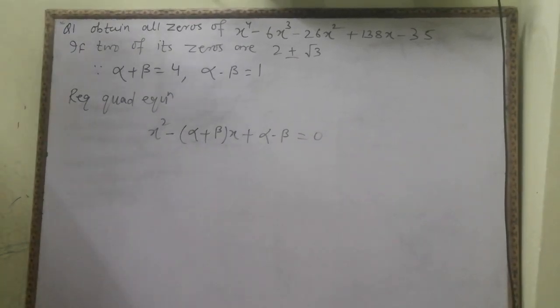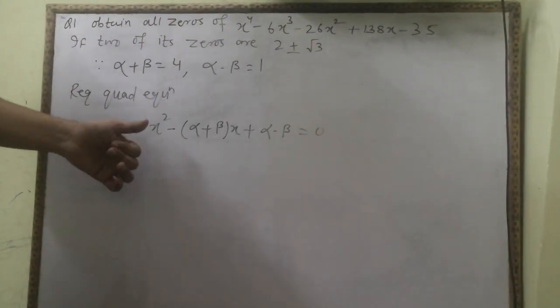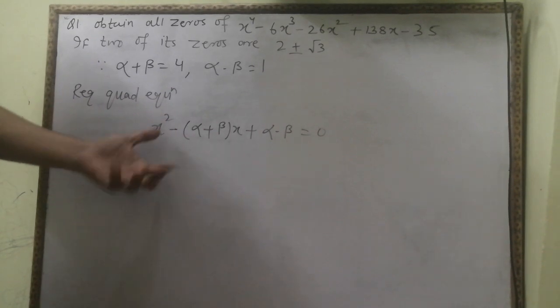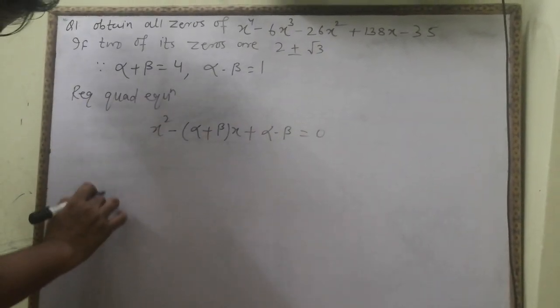For this I will suggest that you write x square, because it is a quadratic equation. As you know, a quadratic equation has the highest degree 2, so it starts from the power 2.